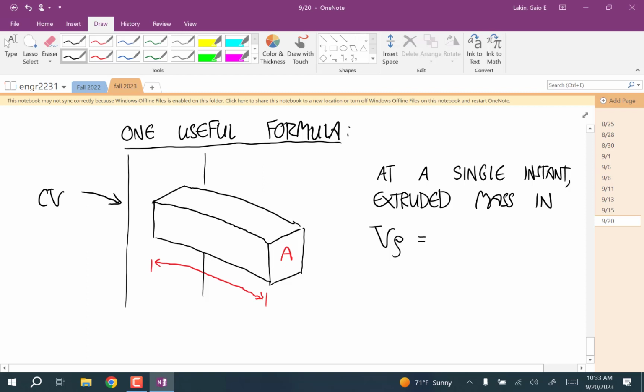And that volume, I didn't write this down, but this is supposed to be the length L. That volume is the area times the length. And then density is 1 over the specific volume. So this is AL over V.